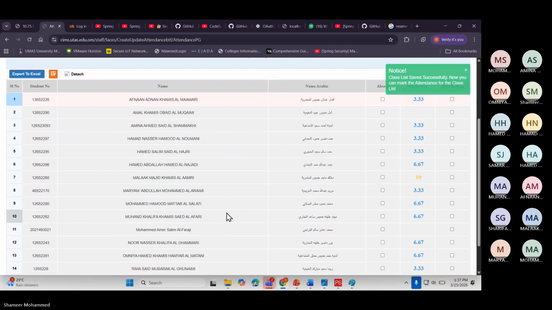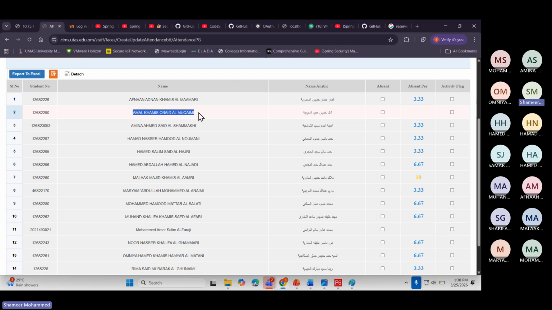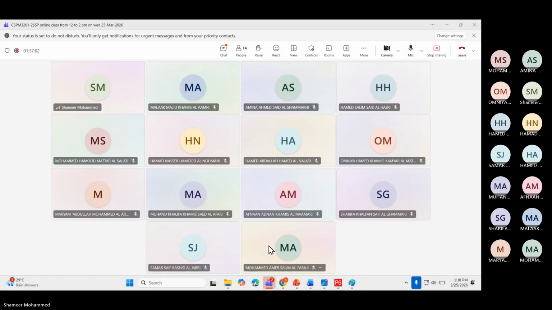Afnan. Afnan is present. Amal Al Mukhaimi. Where is Amal?